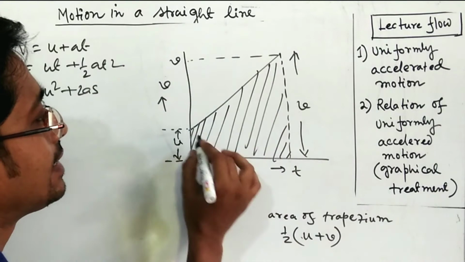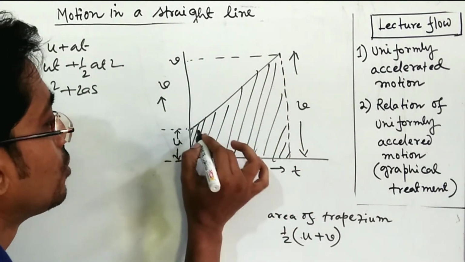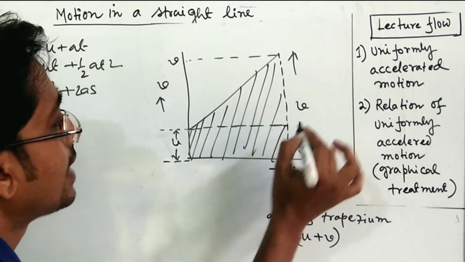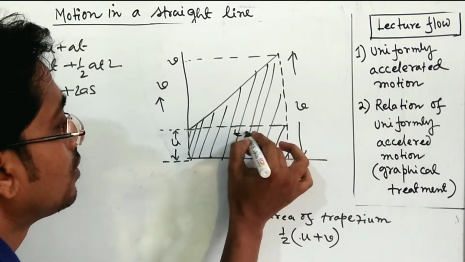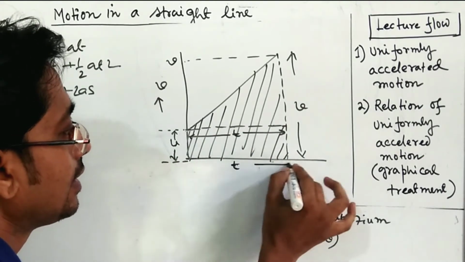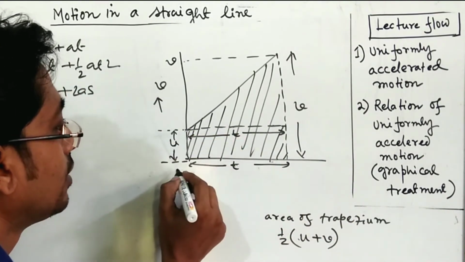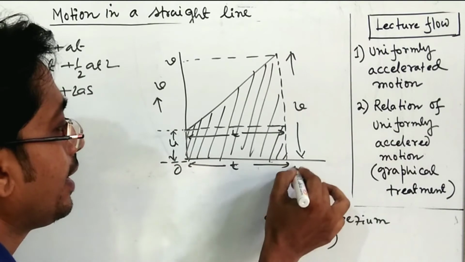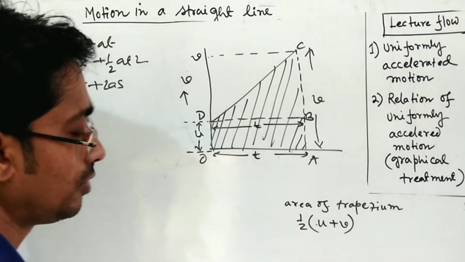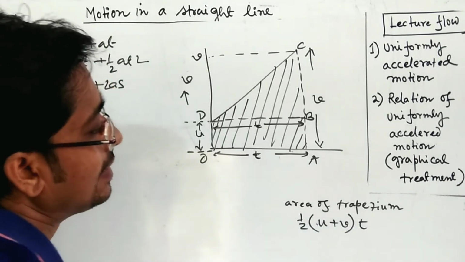What is the height between the two parallel sides? That is t. We have named it O, A, B, C and D. So it will be t.